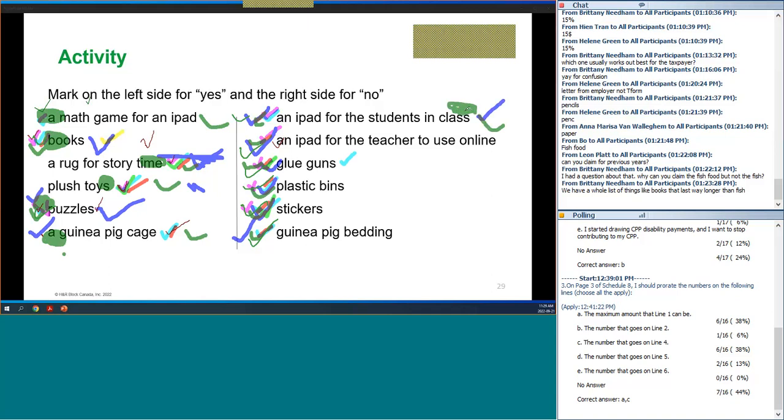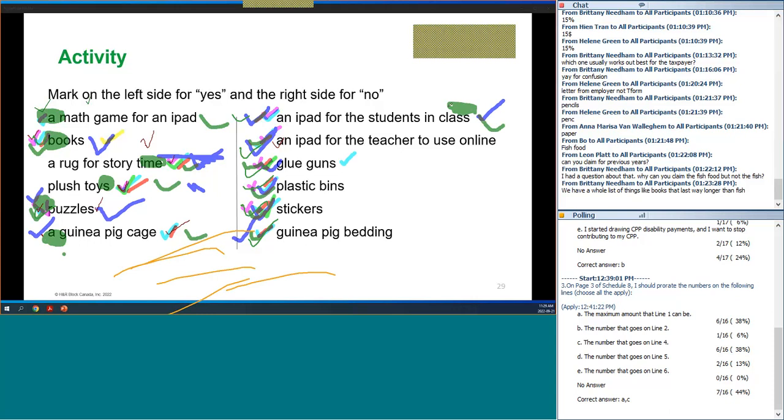I would argue no. You have to be careful. Maybe you could argue it's classroom use, but because of that really strict definition, and we haven't seen how they're going to do, I would be careful with that one.